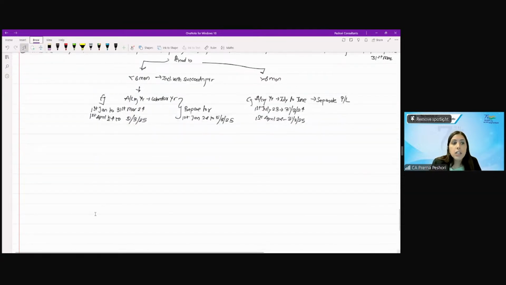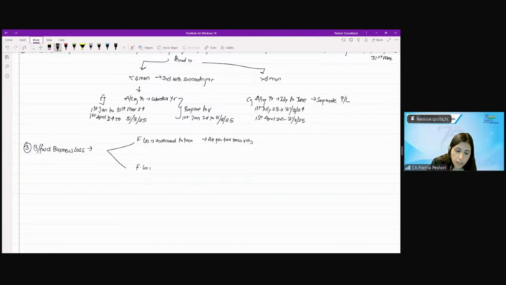Clear? The third point was the brought forward business loss. So what did we discuss about that? If the foreign company is assessed to tax, then as per the tax records.